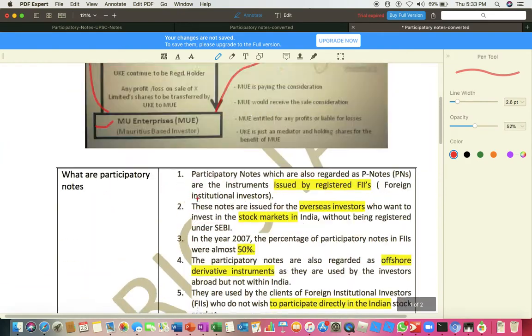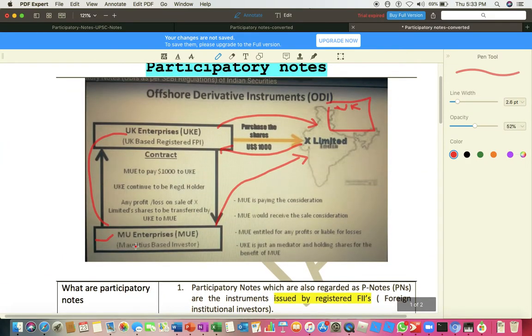Once again, I'm repeating, there is a company abroad. This company would like to invest in the Indian stock market. There is a limit of 10%, and since this company is not registered, it cannot go directly to the Indian stock market and invest.